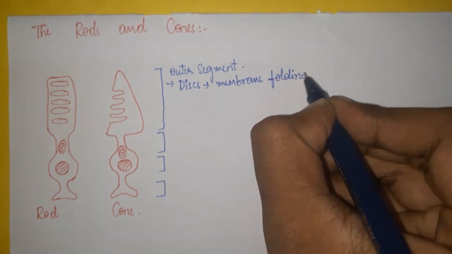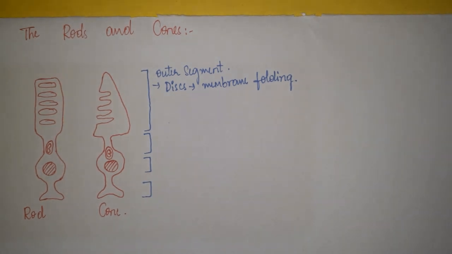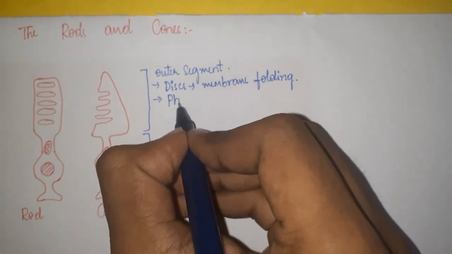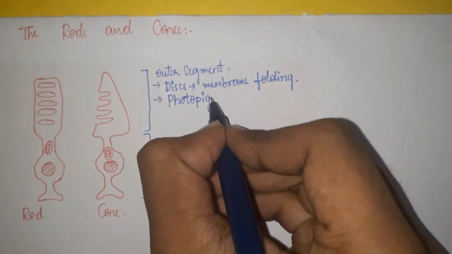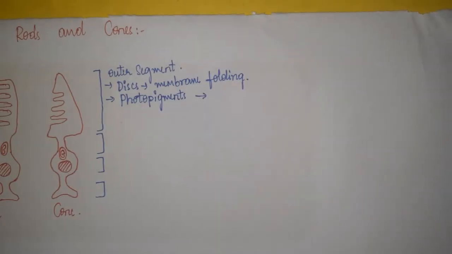What is the speciality of the outer segment? It contains the light sensitive photopigments.